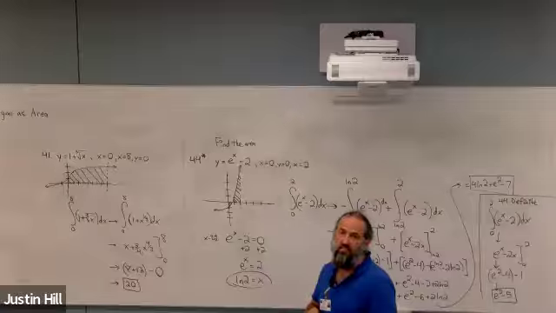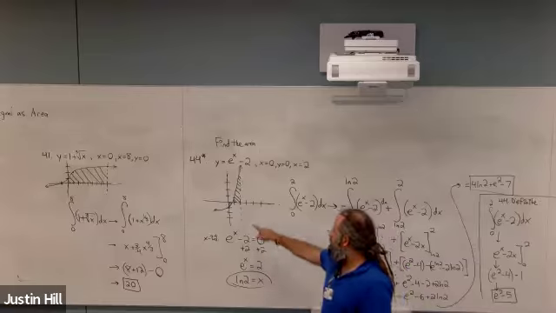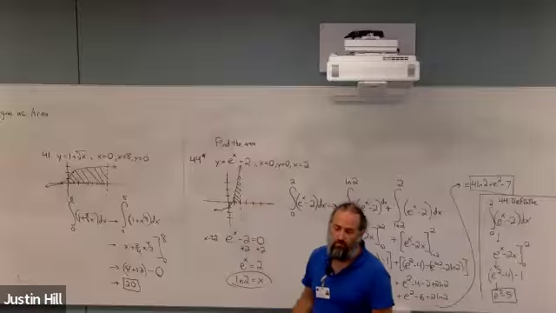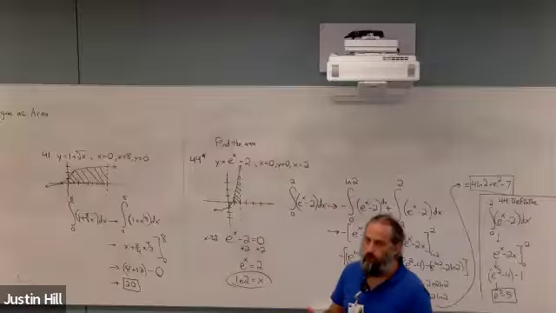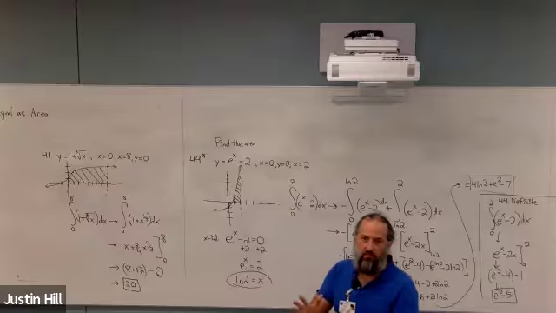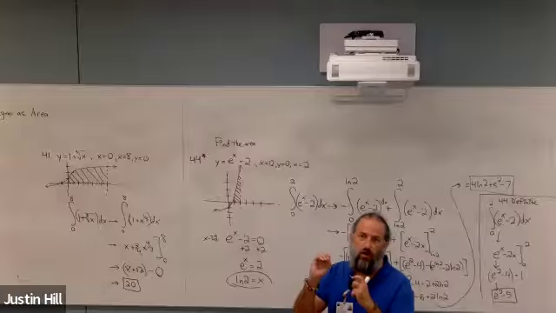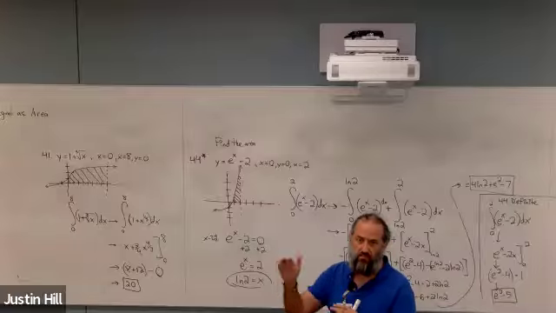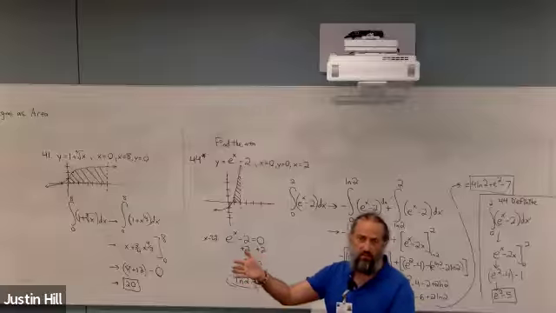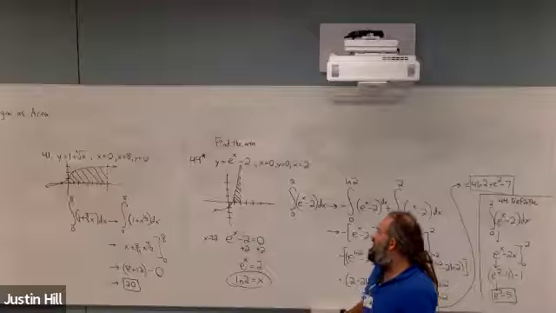It's not the total area, it's the net area. It's treating the portion below the x-axis like negative area, and you're combining it with the positive parts. But they're not going to call it net area. The idea is just that sometimes we don't care about the actual positive area between the x-axis and the curve. We just want the integral from here to here. They call that the definite integral.